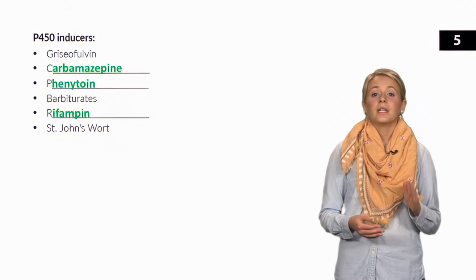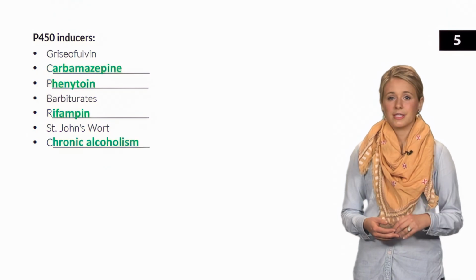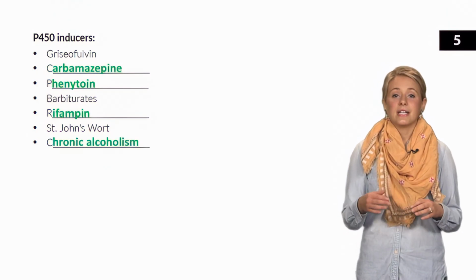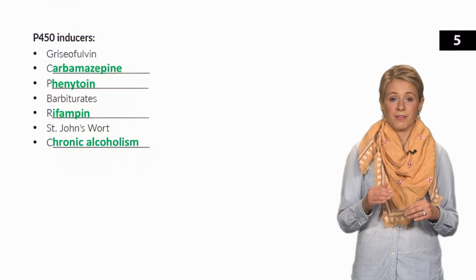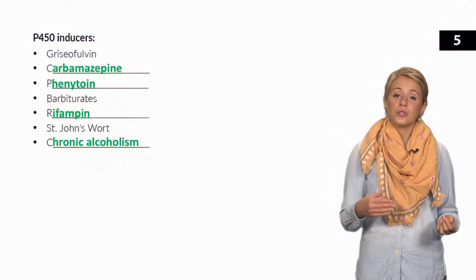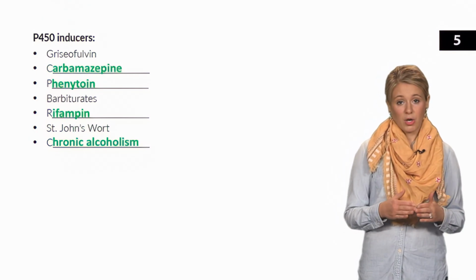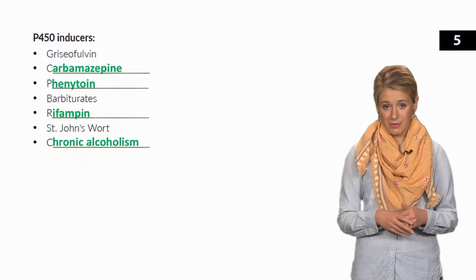So again, Guinness, Coronas, and PBRs induce chronic alcoholism. Because this tells you these drugs induce P450. It also helps you to remember that chronic alcoholism will induce P450s. But remember, like we said, acute use of alcohol will actually inhibit P450 enzymes.